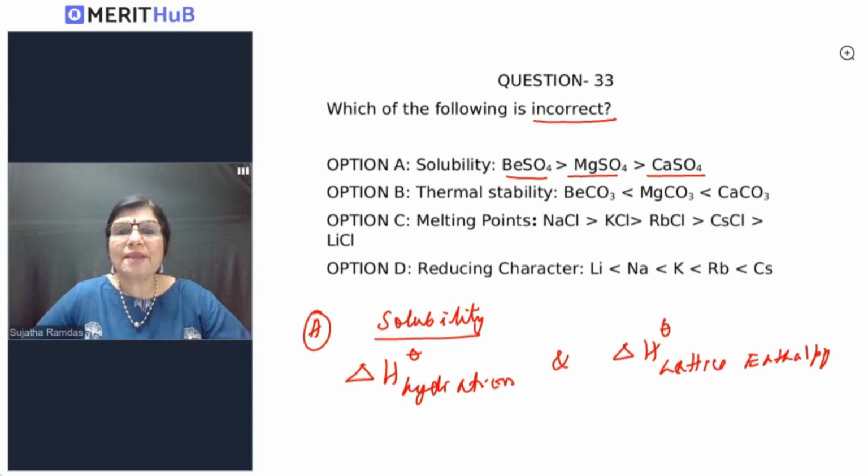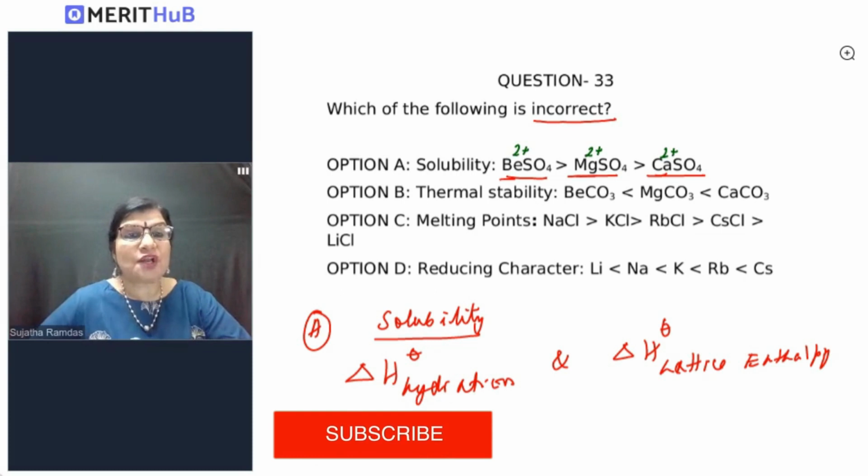Going back to option A, you notice that beryllium, magnesium, and calcium all belong to group 2 of the periodic table. So we have the beryllium ion, magnesium ion, and calcium ion. The sulfate ion is large.